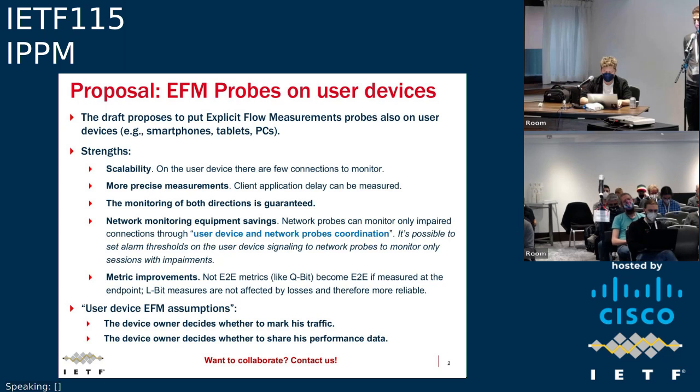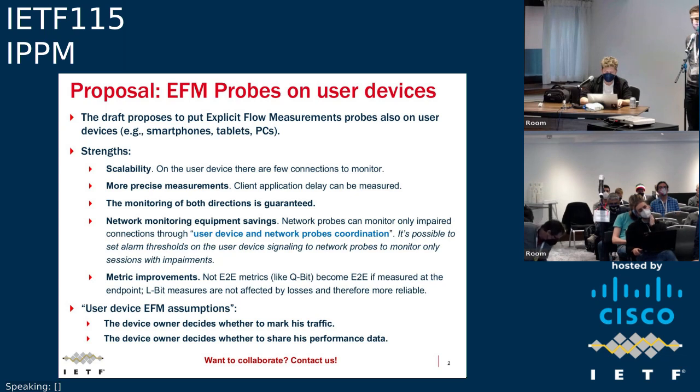We also have the possibility to improve some metrics: for example, the Q bit that is not end-to-end can become end-to-end if the probe is placed in the user device, and L-bit measures are not affected by losses, so they are more reliable.